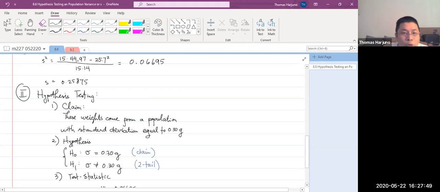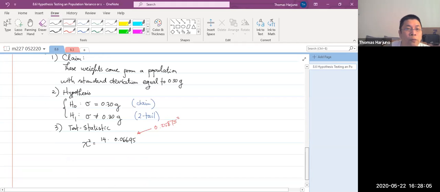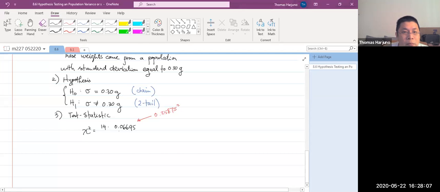Okay, of course you can use the sample standard deviation. Just remember to square it. When you square it, you will get the sample variance back. And then over the claim population variance.